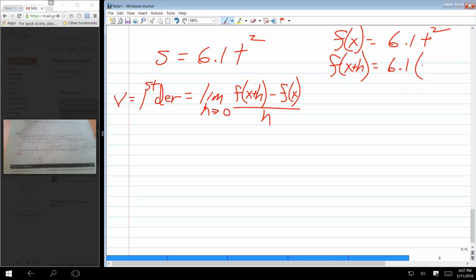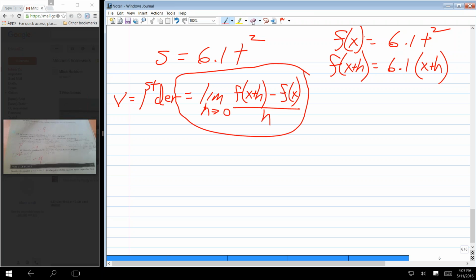Not 5. x plus h. Oh, okay. When we get the derivative, when we figure out what the velocity function is, then we can put in any time we want, and we'll get the velocity at that time. So let's not restrict ourselves in putting the 5 in yet. Okay, let's use this limit quotient definition right there.